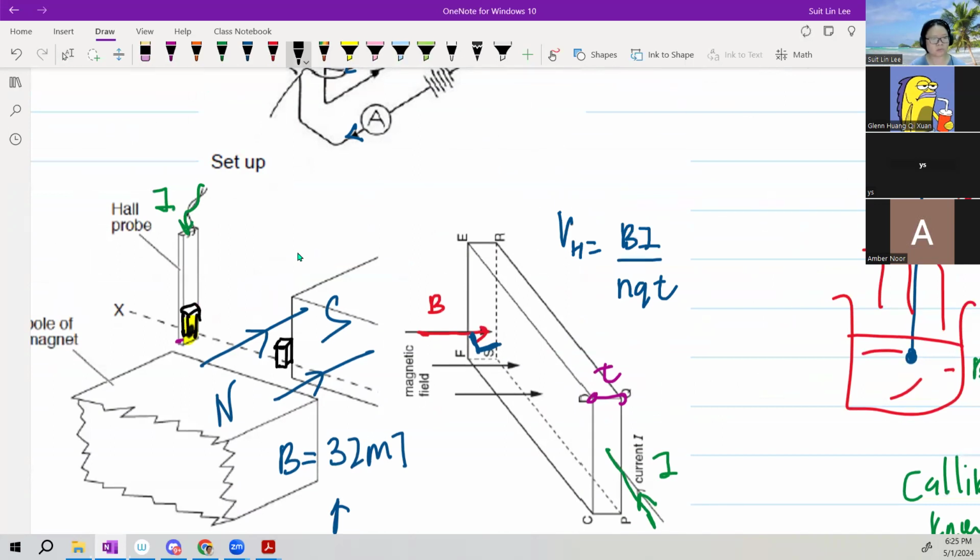All right. So when the slice is inside and the magnetic field cuts through it this way at a 90-degree angle, this Hall probe, which also has current coming in, is connected to a voltmeter. This voltmeter tells me that the Hall voltage is 24 millivolt.